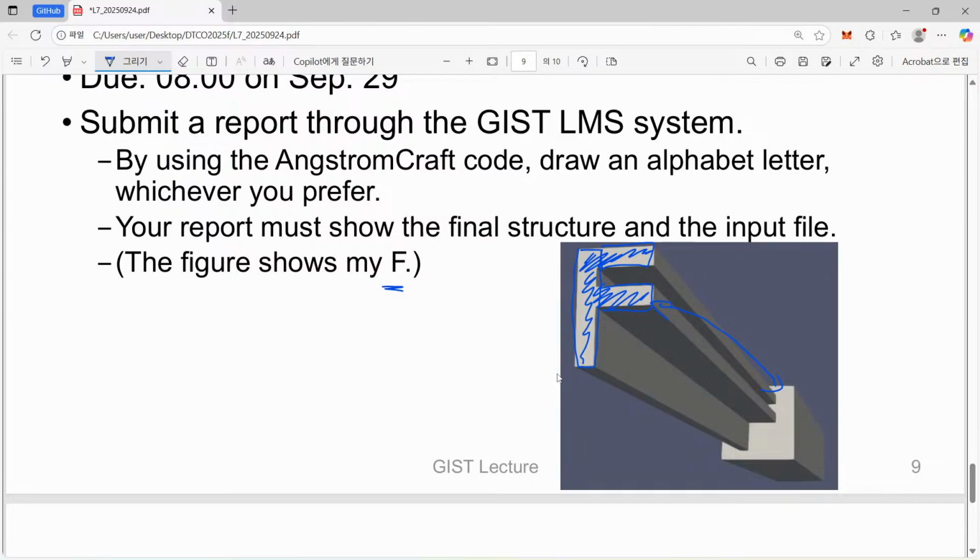I do not ask you to follow my approach. You have a tool, and please try to make your beautiful letter. Not only a single letter, maybe you can write your name, not only in the English alphabet, or you can write your own Korean letter or your own language. What is your alphabet? Cyrillic?